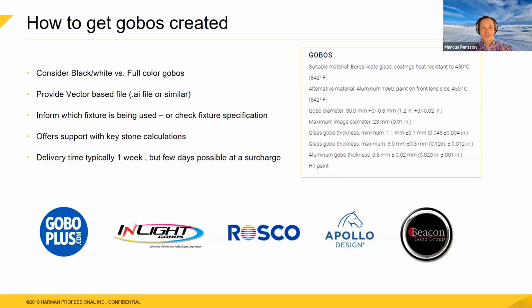It is important that the graphic material is vector-based or has a really high resolution. And also inform the manufacturer what fixture you're using. In a fixed installation, it's recommended to fix the gobo in the gobo holder with heat-resistant glue, so it doesn't move in the holder and get out of position. Next slide, please.